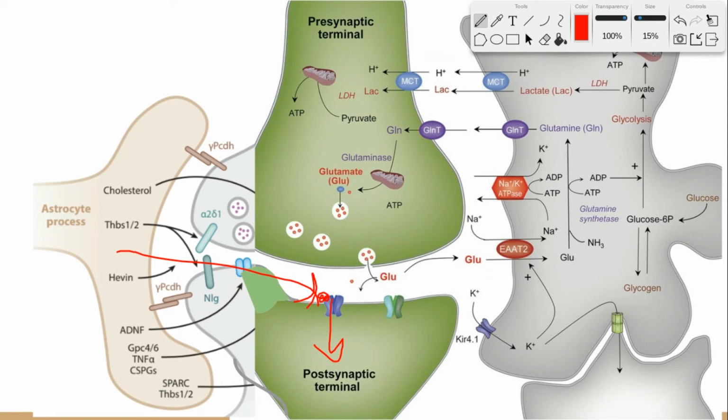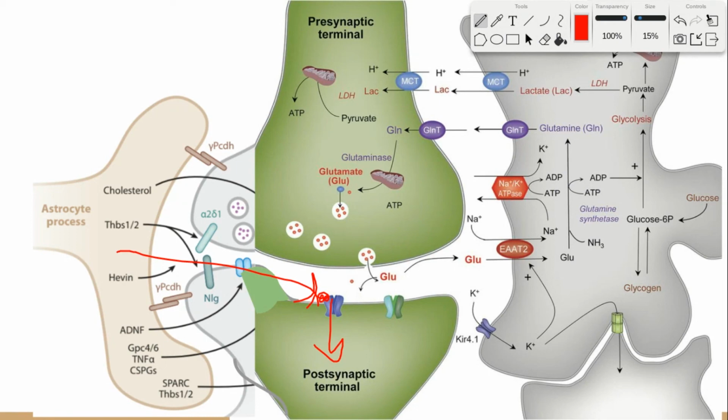So it's still not understood exactly how gliotransmitters are released from astrocytes, but it is likely calcium dependent. So astrocytes show very distinct calcium waves, and these calcium waves are derived from IP3R receptors in their endoplasmic reticulum, and also from TRP channels.